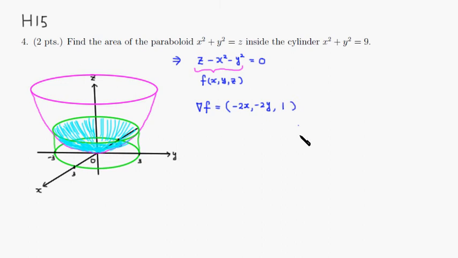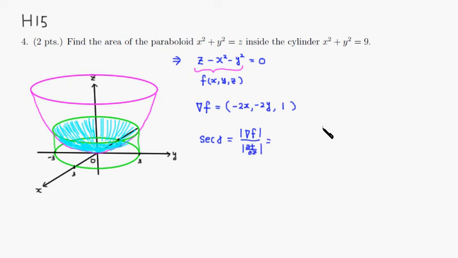Then we can find the secant of gamma. The secant of gamma is the magnitude of the gradient of f over the absolute value of the partial of f with respect to z.